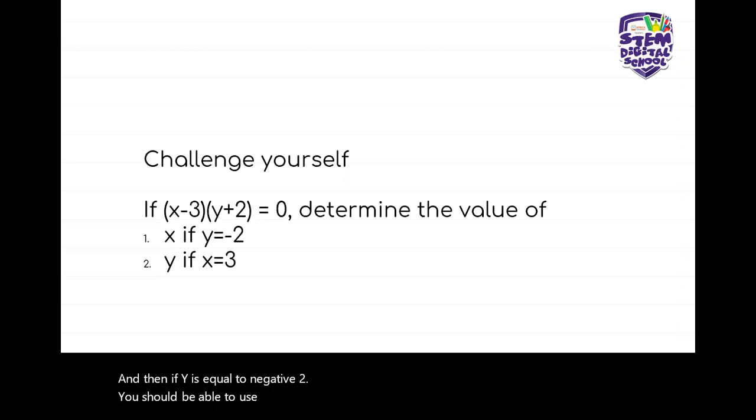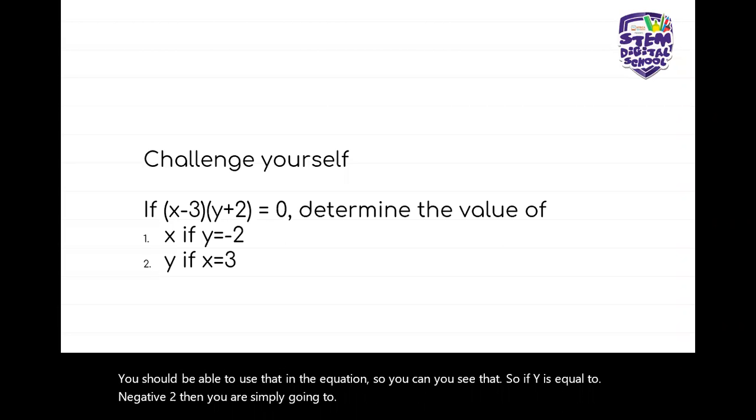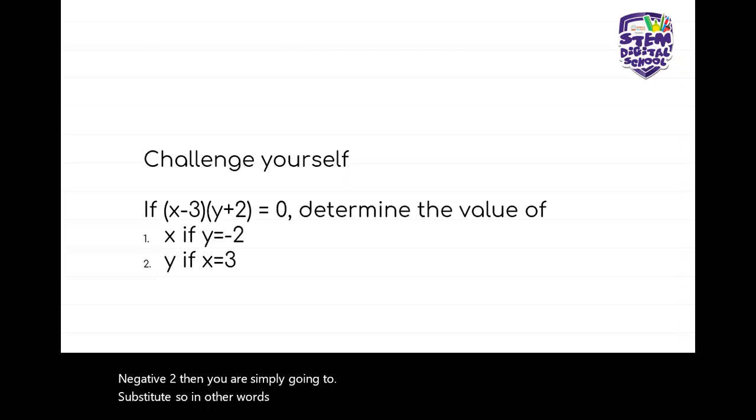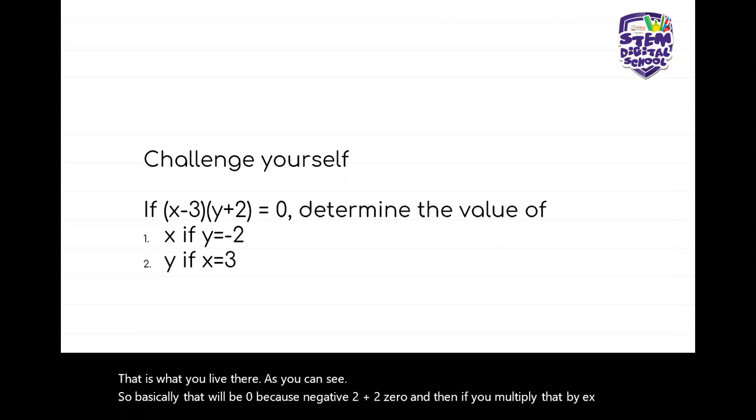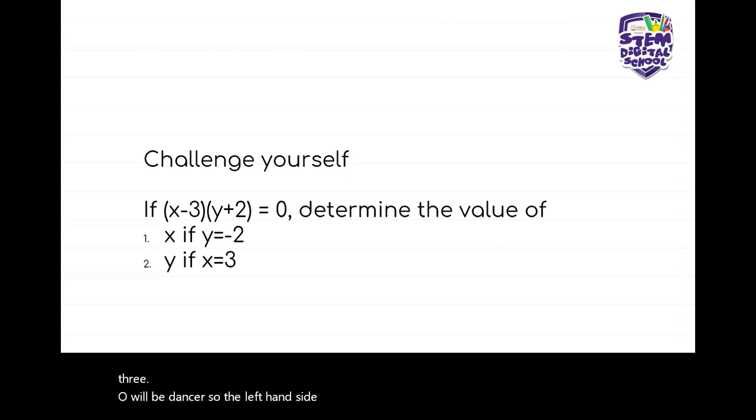So if y is equal to negative 2, then you are simply going to substitute. So in other words, you'll have x minus 3 into negative 2 plus 2. So basically, that will be 0 because negative 2 plus 2 is 0. And then if you multiply that by x minus 3, 0 will be the answer. So the left-hand side will be equal to the right-hand side.